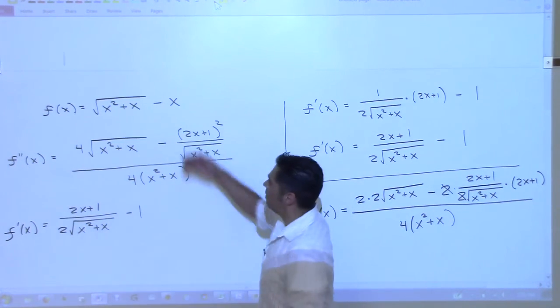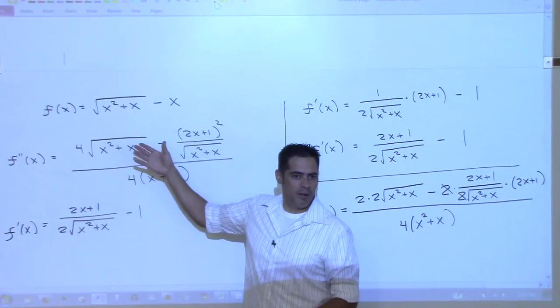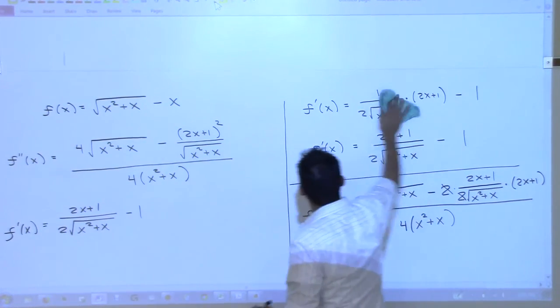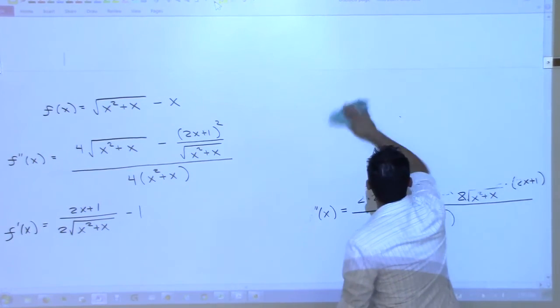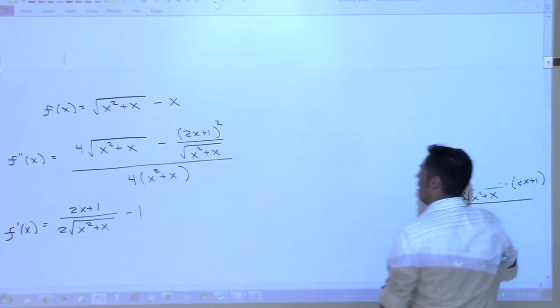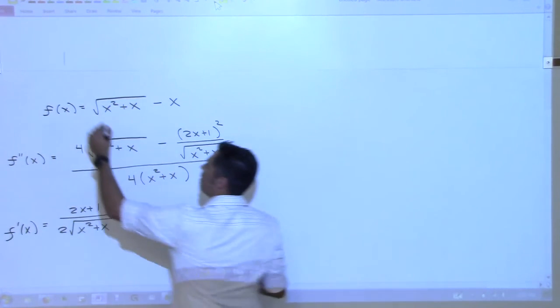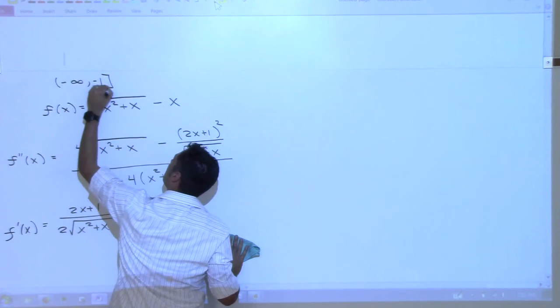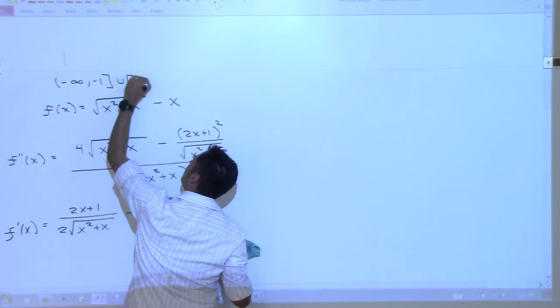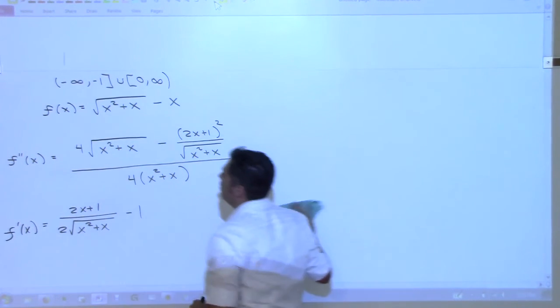So there's my original function, the first derivative, and the second derivative. And now I get the pleasure of trying to figure out where this thing is going up and down. And my domain was negative infinity to negative 1, 0 to infinity. So I'm only allowed to look there.